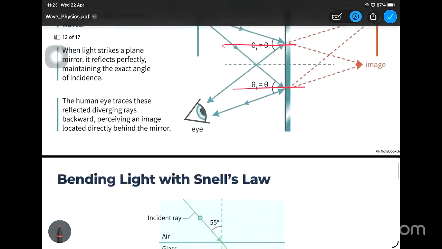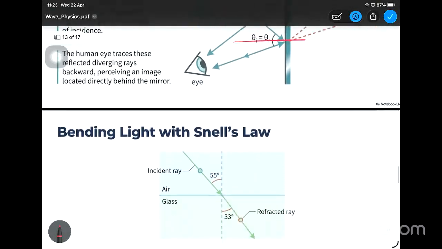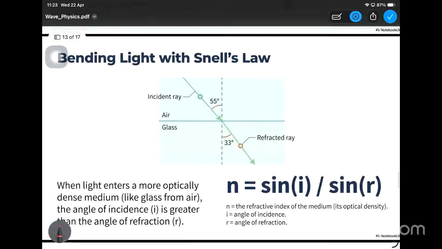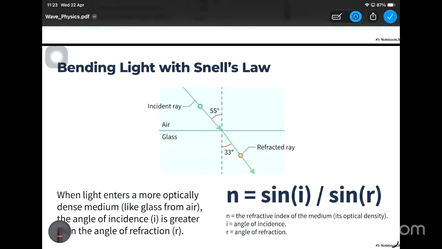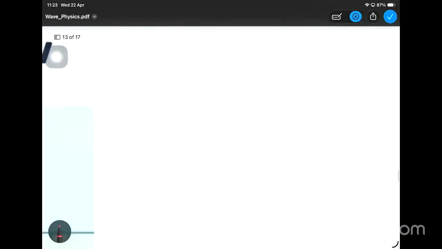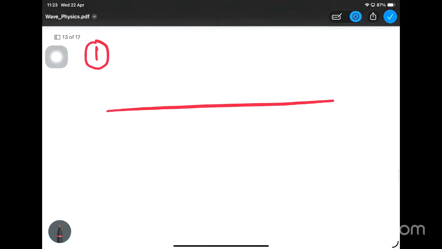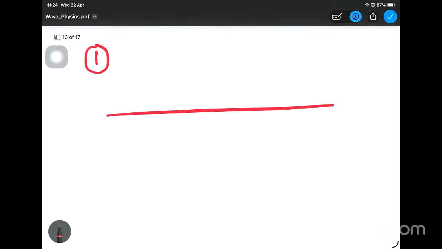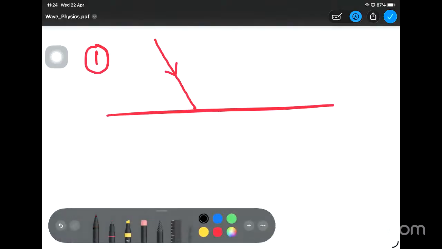And I need to mention this. When you have a drawing to be completed, remember this point. Let's say they have given a linear surface and an incoming ray like this, and they are asking you to draw the normal.